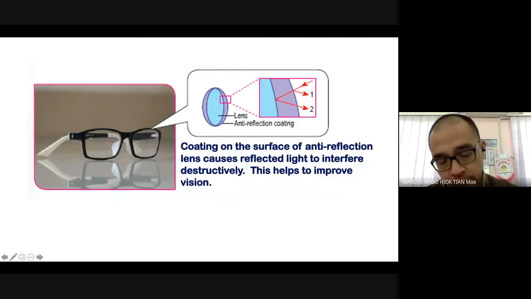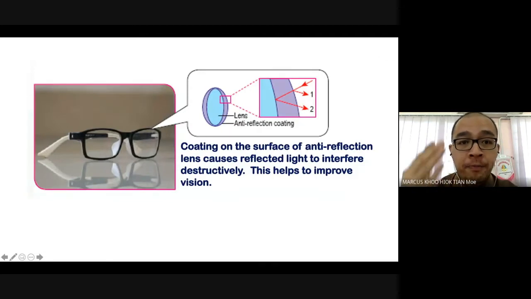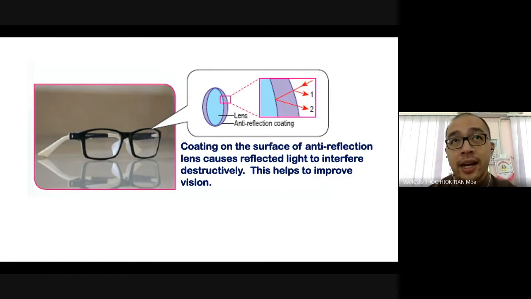The second use of interference of waves is the coating on our glasses. It causes anti-reflection, because the coating helps to interfere with the light waves. That's why you have this anti-reflection. I'm not saying that if you have this coating and you put the ring light in front of you, you cannot see the reflection.